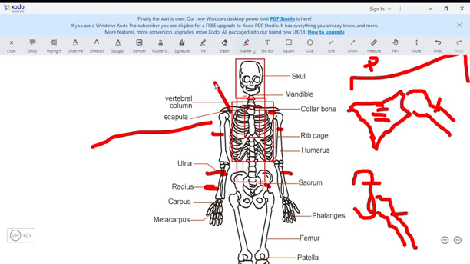Or so that you do not get confused, you can just say the scapula that is here, and then there's another one here called the clavicle, which is the shoulder bone. That also is part of the appendicular skeleton, forming the pectoral girdle. Then we can also use the word limbs. Limbs are also appendicular skeleton. When I say limbs, like these arms, we call them limbs.